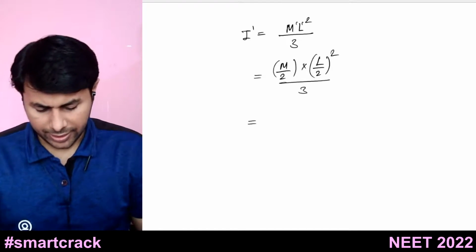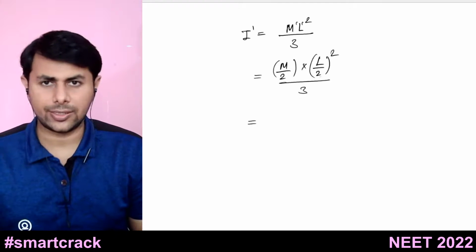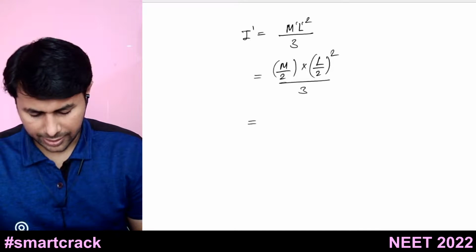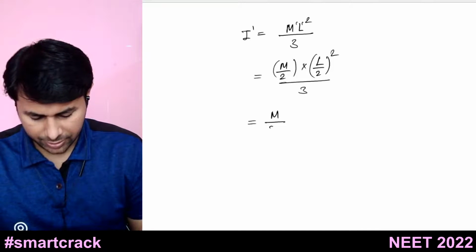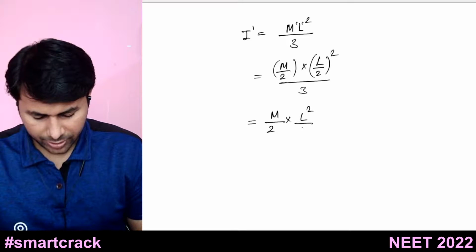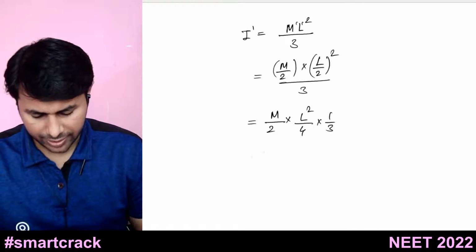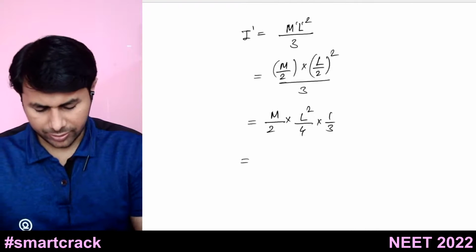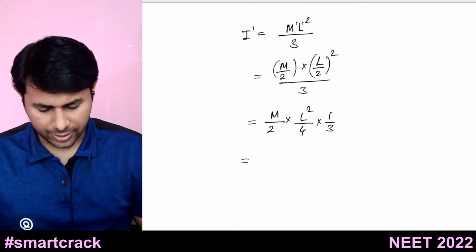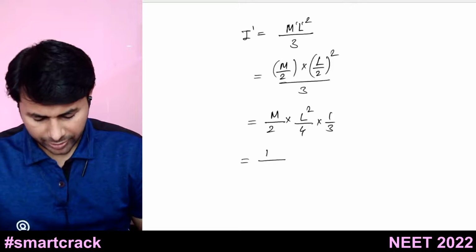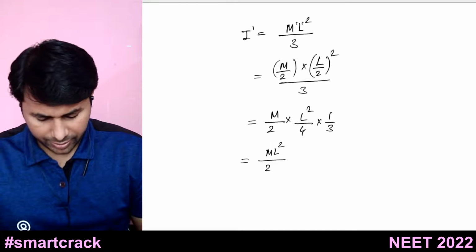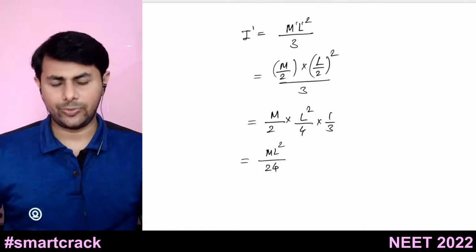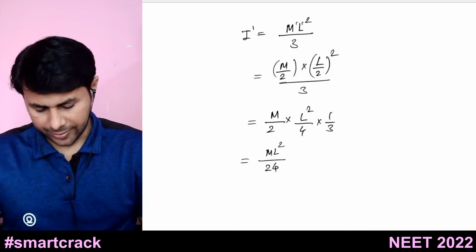(L by 2) square is L square divided by 4, so it is m by 2 into L square upon 4 into 1 by 3. So 4 times 3 is 12, 12 times 2 is 24. So we have ml square upon 24. This is for one of these rods.